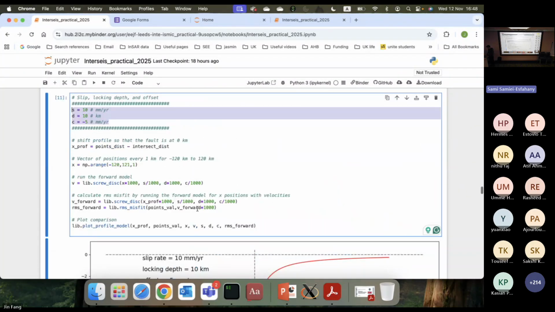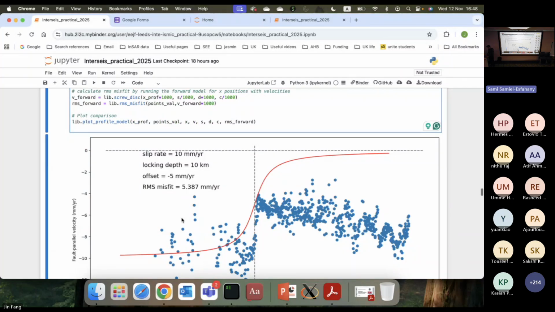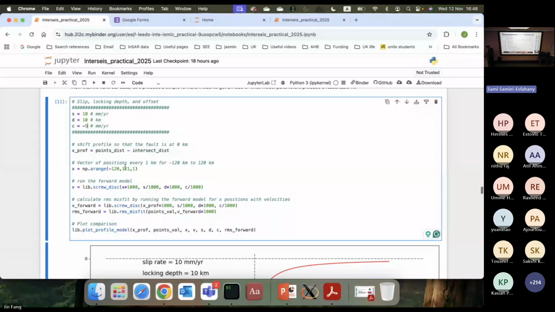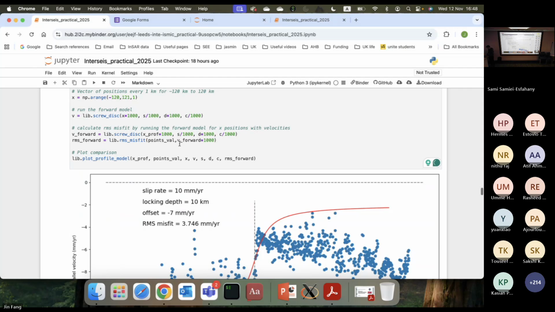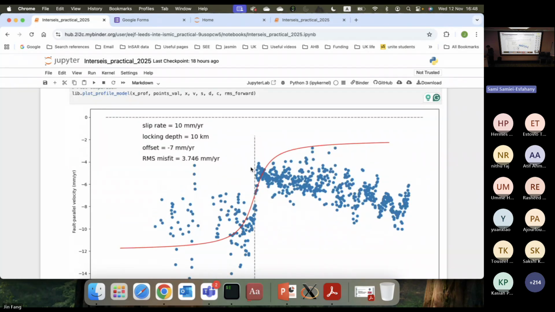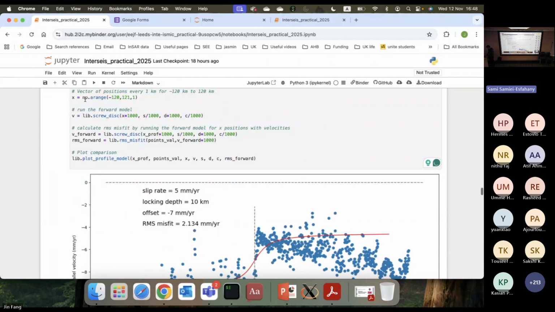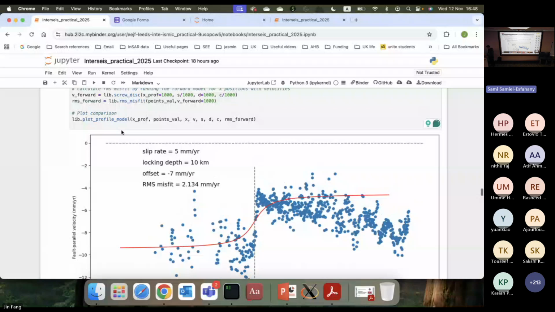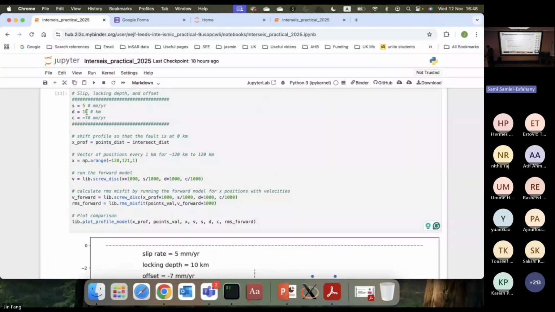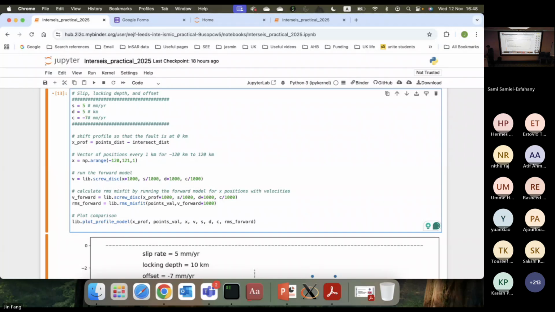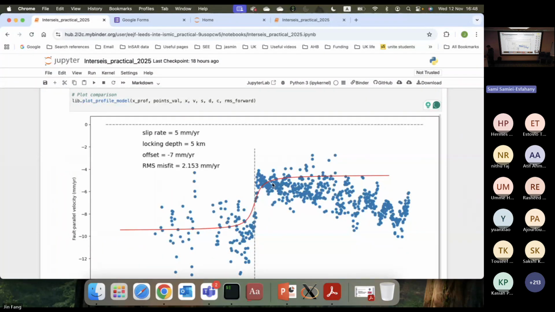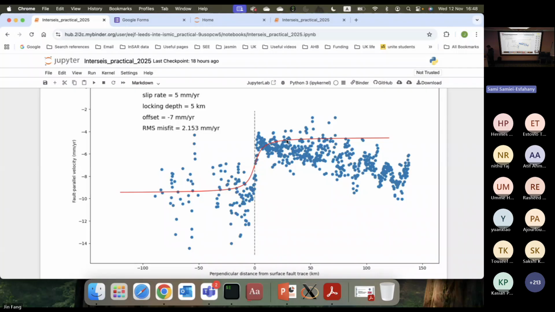For example, if you shift the model curve slightly downwards, and reduce the slip rate a bit, and also make the locking depth shallower, we're starting to get a better alignment with the observed profile.